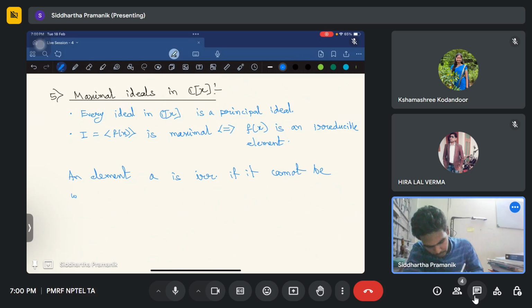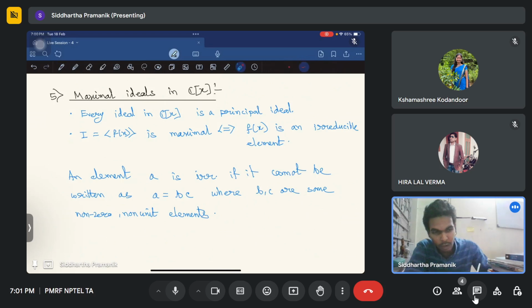Cannot be written as a = b times c, where b, c are some non-zero non-unit elements.